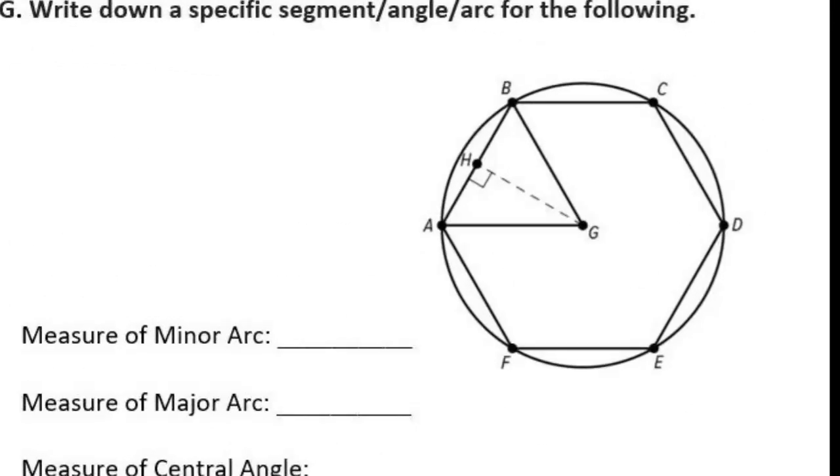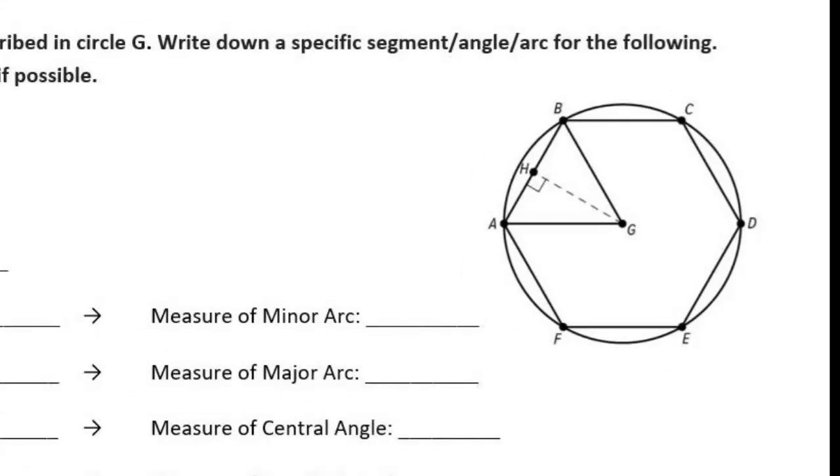A radius goes from the center to a corner. What is a segment in the picture that goes from a center to a corner? AG, the corner of the straight-sided shape, the polygon.